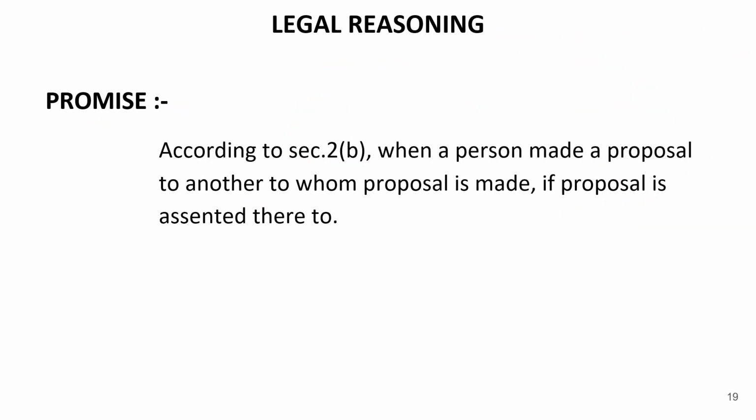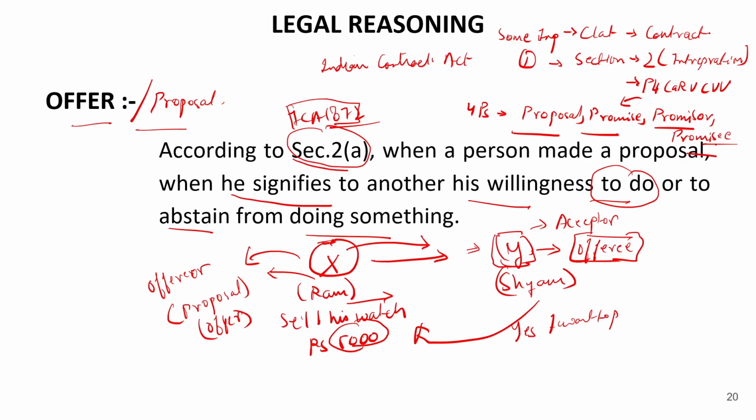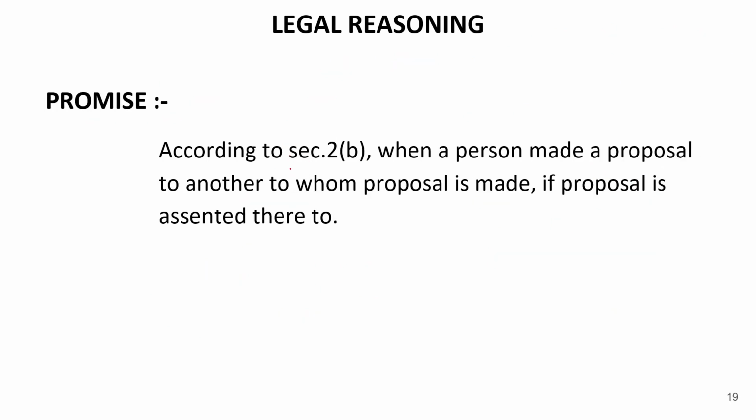In the same way, when we talk about proposal, this is the proposal, and when it is being accepted, according to section B, when a person makes a proposal to another, to whom the proposal is made, a proposal is assented thereto.